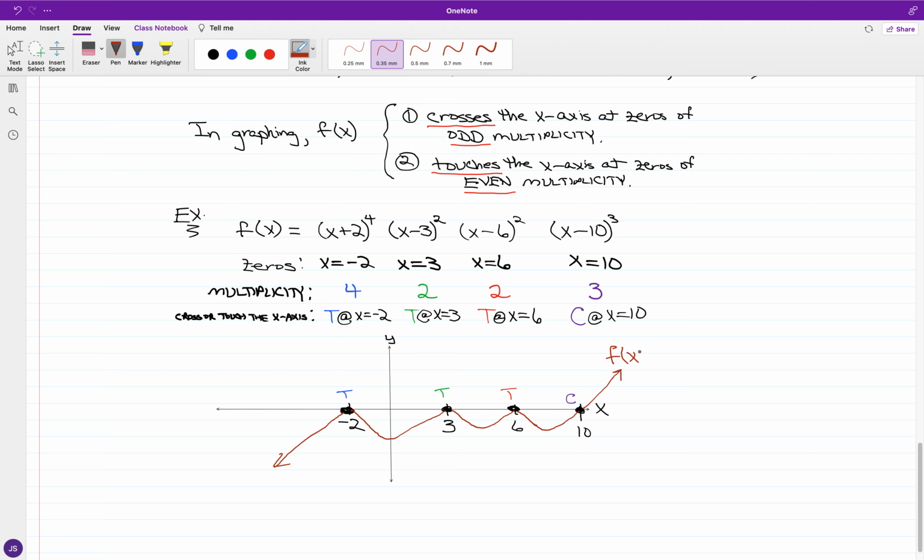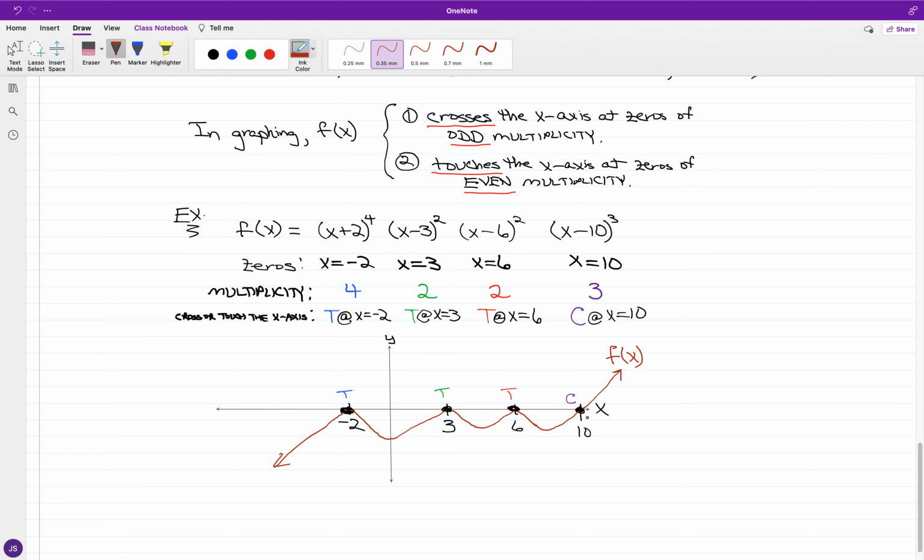I'm not drawing this function to scale by any stretch of the means, but I just wanted to show you. So we're starting out below, then touch, still below, touch, below once again, touch, below once more, and then once we get x equal to 10, the graph is going to cross the x-axis, and going past x equals 10, you're going to have the function remain above the x-axis.